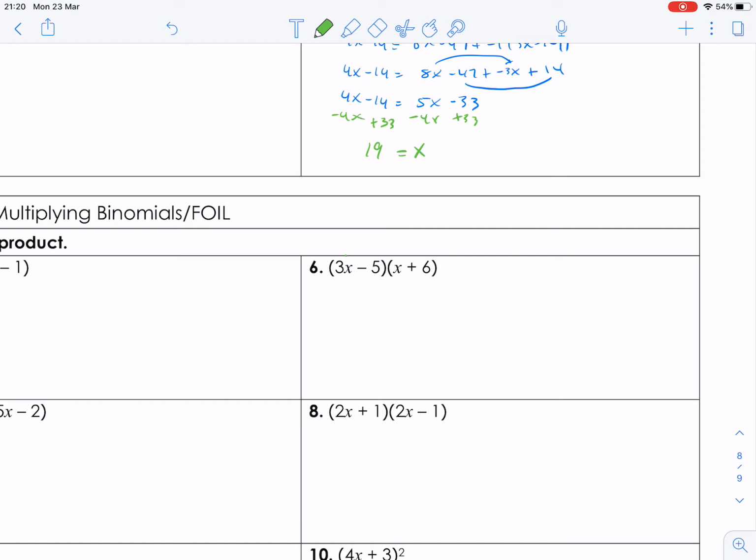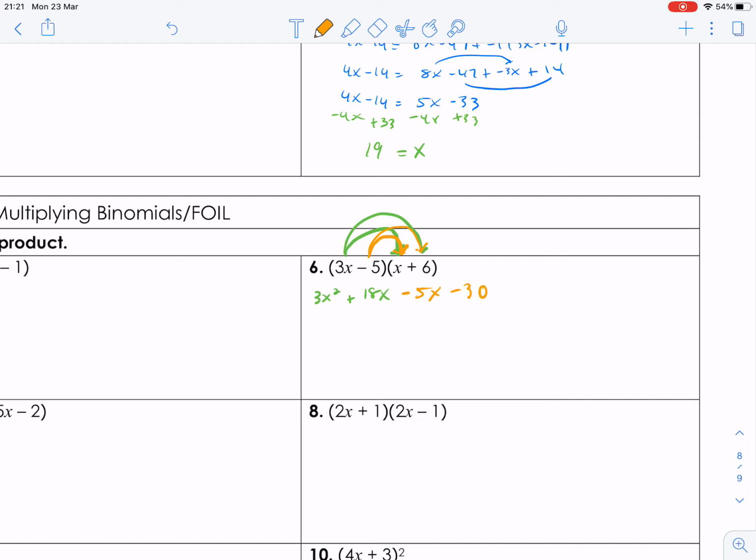We multiply the first term by the first, and we get 3x squared. Then we do the first times the next, and we get 18x. Then we do negative 5 times the first. That's minus 5x. Negative 5 times the last gives me minus 30.